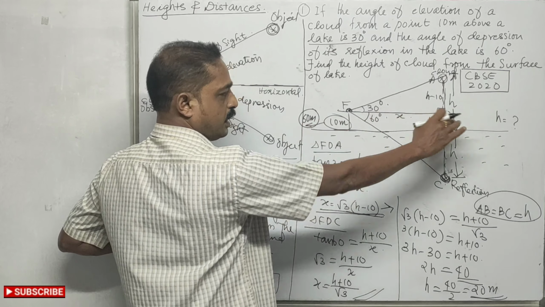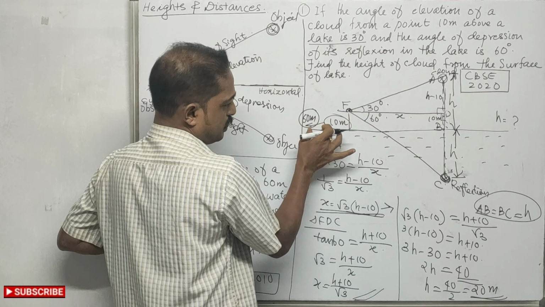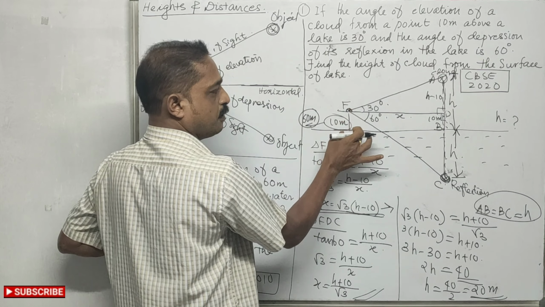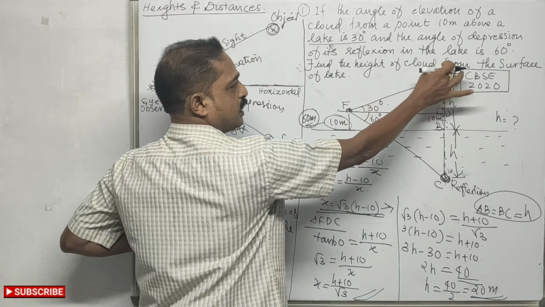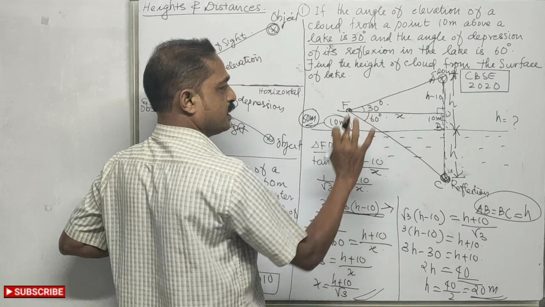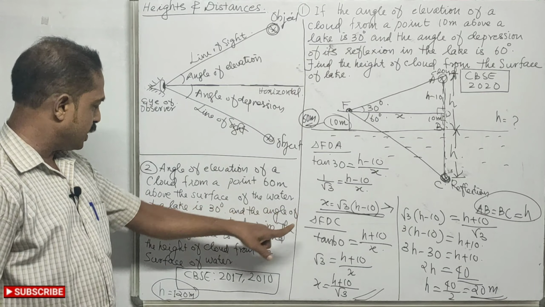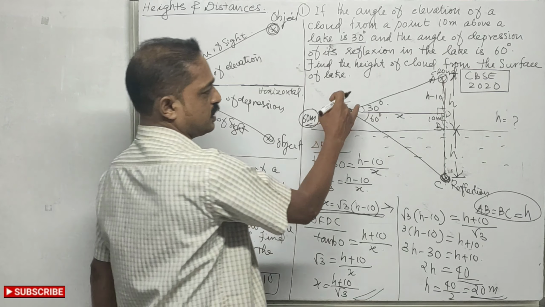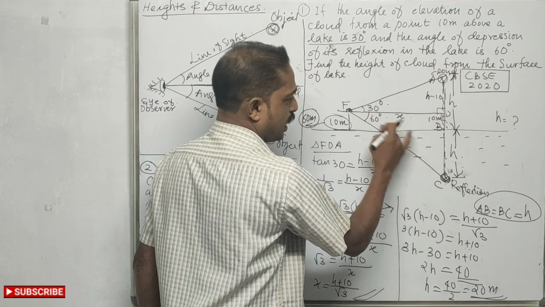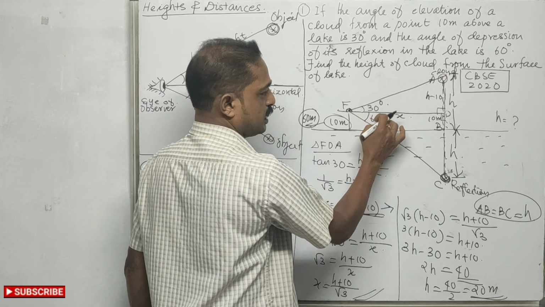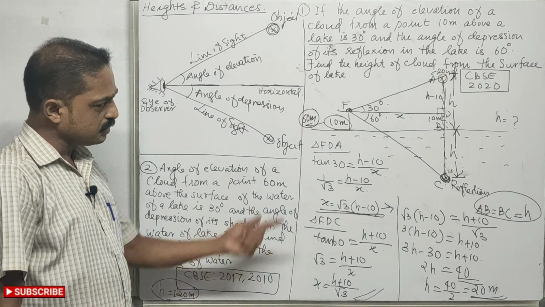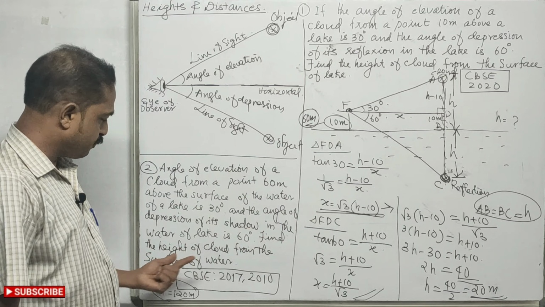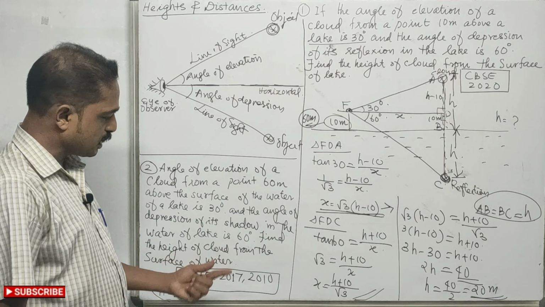This is the surface of the lake, and from a height of 60 meter above the surface of the lake, the angle of elevation of the cloud is 30 degree, and the angle of depression of its shadow in the water of the lake is 60 degree. So this is the shadow of the cloud, and the angle of depression of the shadow is 60 degree. Find the height of the cloud from the surface of the water.